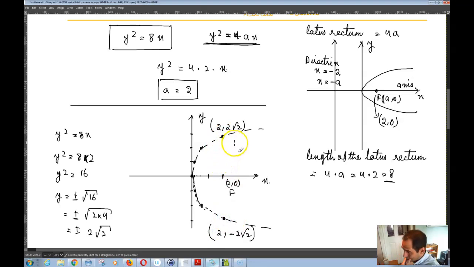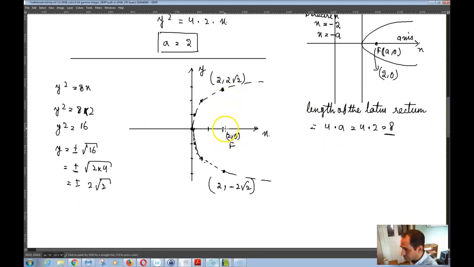Now what that means is that this distance over here is 2 square root of 2. So your latus rectum is practically this distance over here. Right? So this is your latus rectum.